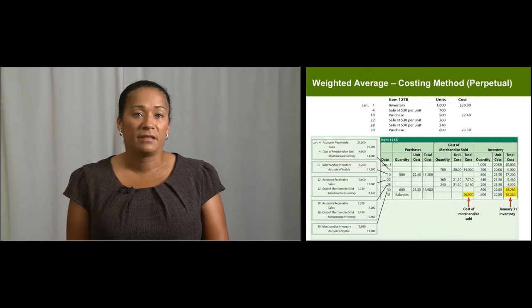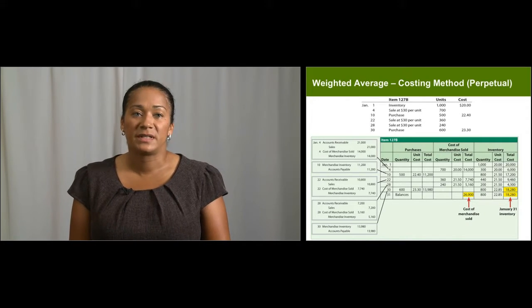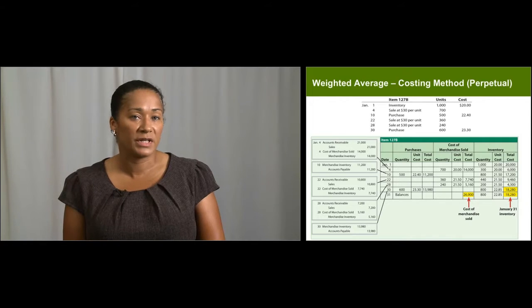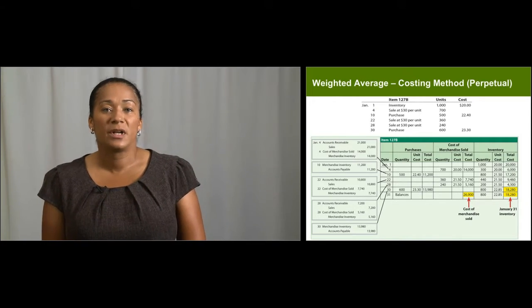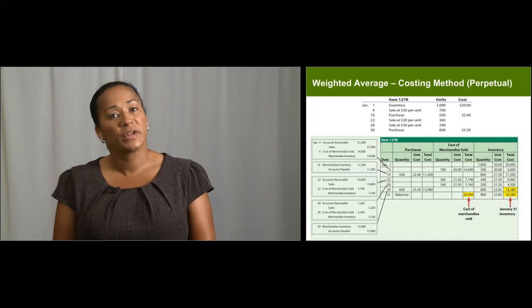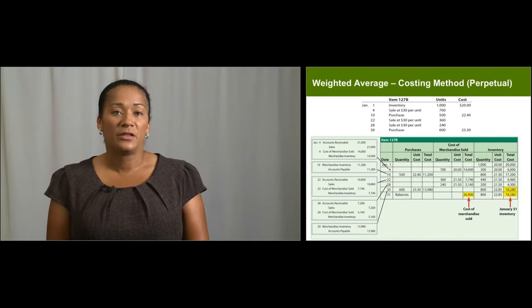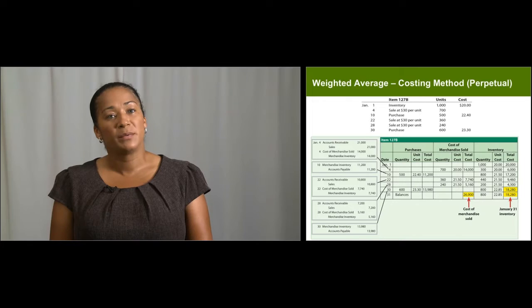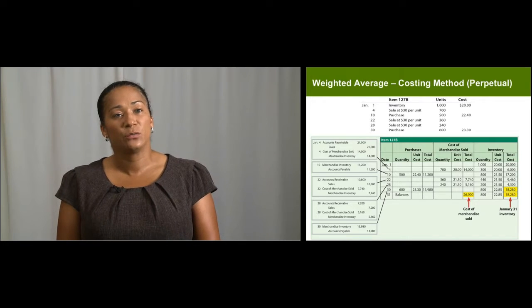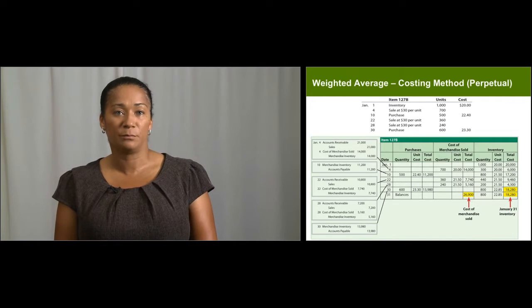On January 10th, the company purchased 500 units at a cost of $22.40 per unit. Just like in previous examples, when the company purchases more units, the transactions are recorded in the 3 columns of the purchases section of the report. As always, the first step is to enter the date of the transaction, which is January 10th, in the date column.